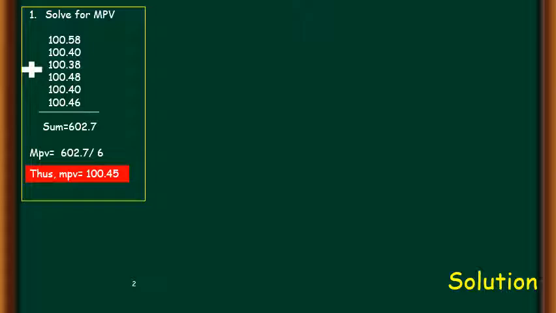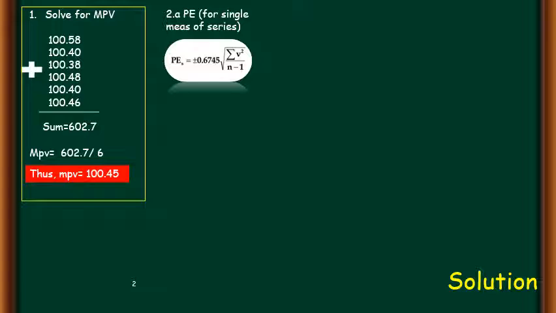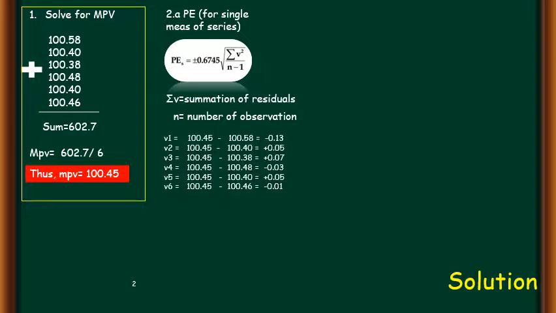Second, we are going to compute now the probable error of the single measurement and the probable error of the mean. So probable error for single measurement of a series, we have PE is equal to plus minus 0.6745 square root of the summation of your residual squared over n minus 1, where your summation of your residual is equal to summation of your V, where n is the number of observations. So I have here the solution. Plot ko na. We have first residual, which is equal to 100.45.